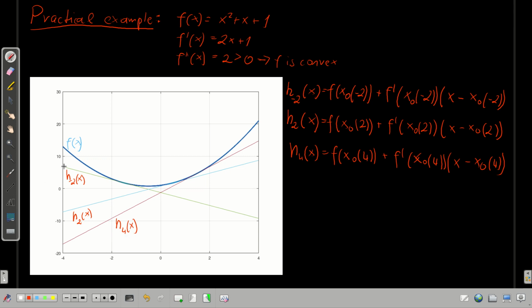So this means here the green line, or h subscript -2 of x, touches f of x at the point x naught, where the first derivative of f is -2. For the blue line, the same is true, but the first derivative of f equals 2, and for this line the first derivative of f equals 4.